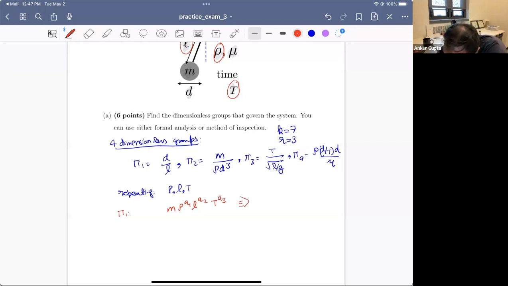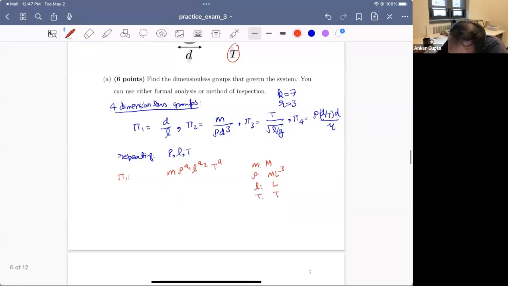Let me do it more properly: m is mass, rho is M L to the minus 3, length is L, and time is T. When we do mass, mass is present in only two of them, so for mass it becomes 1 minus A1 is equal to 0.